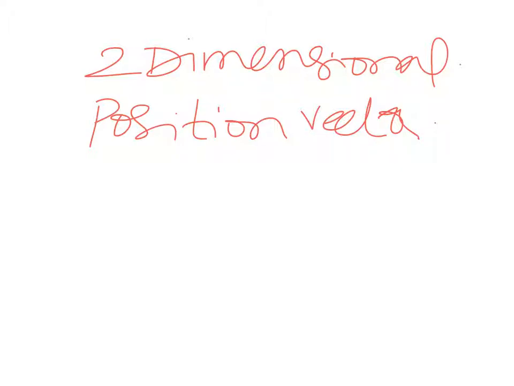For example, let R be the position vector of a particle P. Let's say I'm starting from here, this is O, this is P. This is R. Vector R is the position vector of a particle P located in a plane with reference to the origin O.